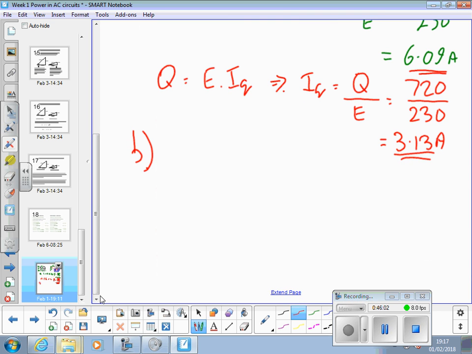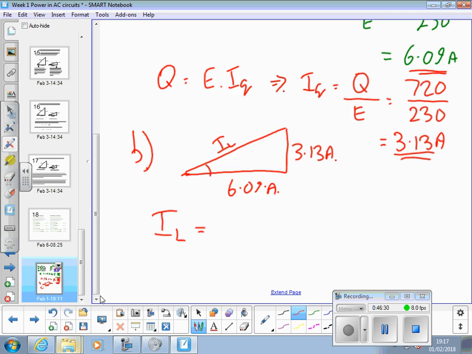So there's B. We can draw this triangle if that helps us. We've got 3.13 amps, reactive current, 6.09 amps, IR. The line current is that one along there. So IL is equal to IR squared plus IQ squared, all square rooted.